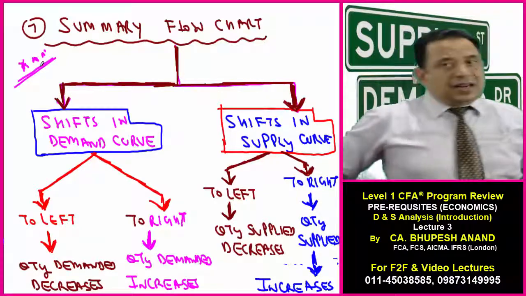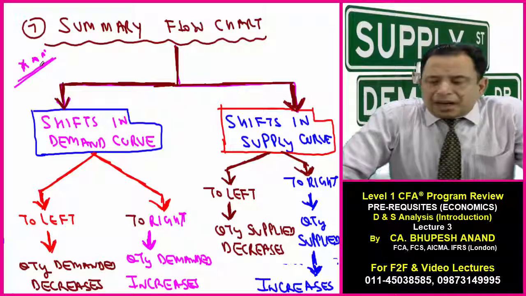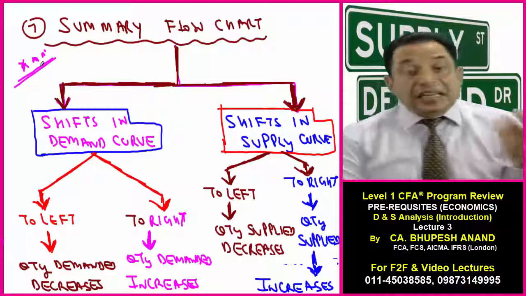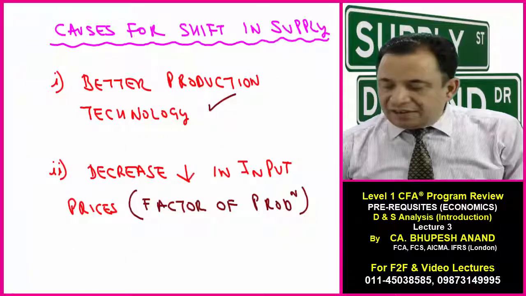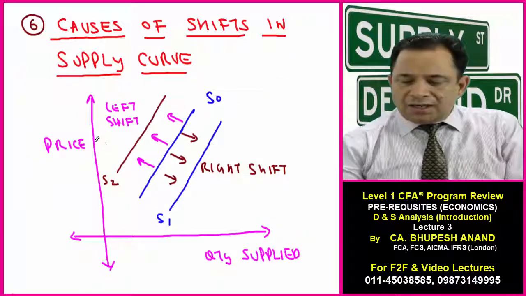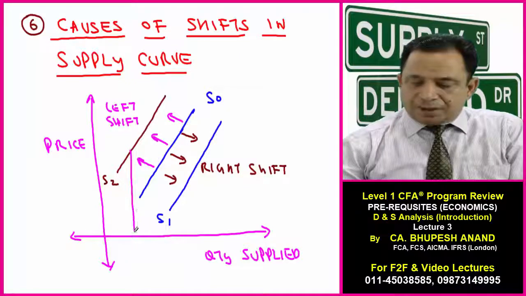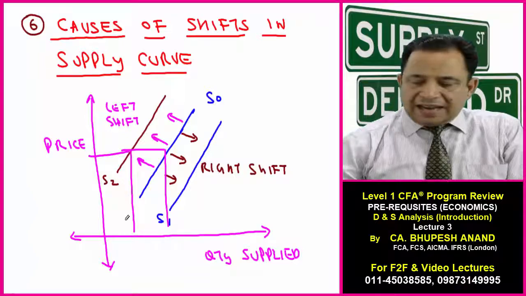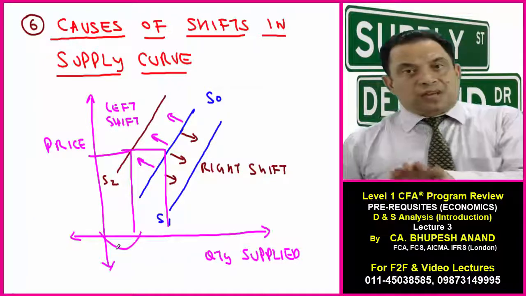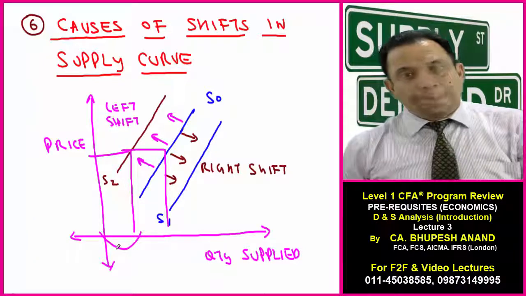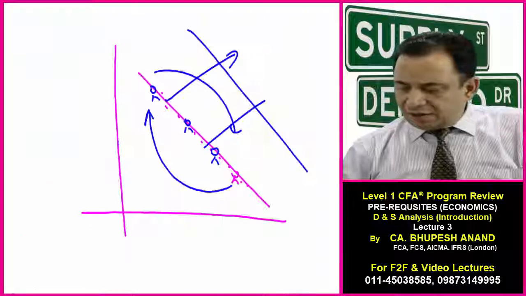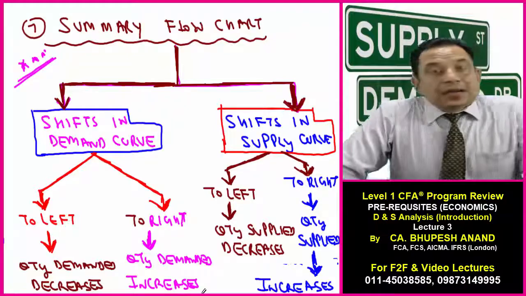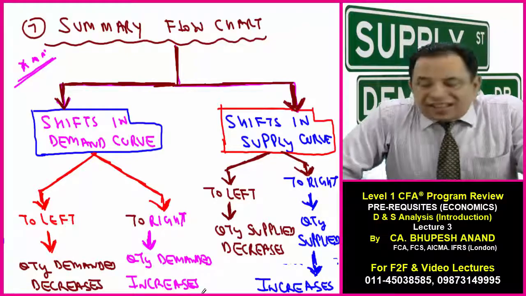So come to the supply curve. If there is a shift in the supply curve towards the left, quantity supplied will decrease. Just see, in this graph, quantity supplied has decreased from S0 to S2. Same point I have written here. And if the supply curve has moved right, it means quantity supplied has increased.